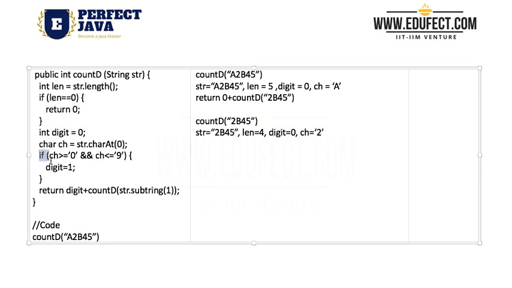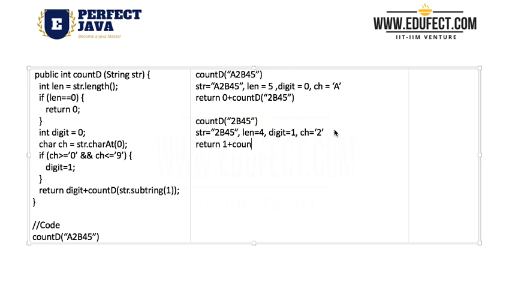Now we come to this if: ch greater than or equal to 0 and less than or equal to 9. Is that true? Yes. So now digit will become 1.